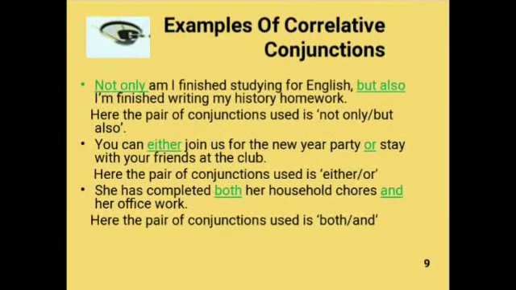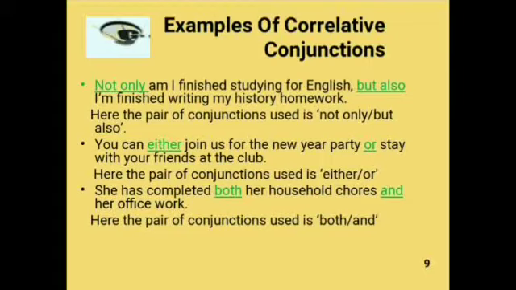Examples of correlative conjunctions. Not only am I finished studying for English, but also I am finished writing my history homework. Here, the pair of conjunctions used is not only but also.